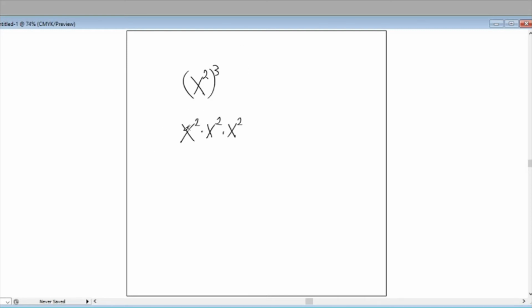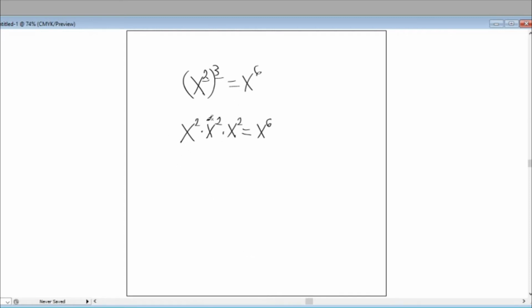Well, we then said that if we are multiplying things with exponents, then we can add those exponents together. So 2 plus 2 plus 2, let's see, that's 2 plus 2 is 4, plus 2 is 6, so that's x to the 6th. Now, a much easier way of saying this is to just take this exponent here and this exponent here and multiply them. Because 2 times 3 is x to the 6th.